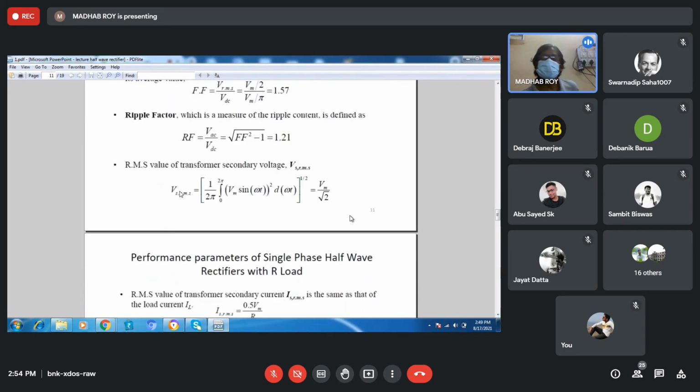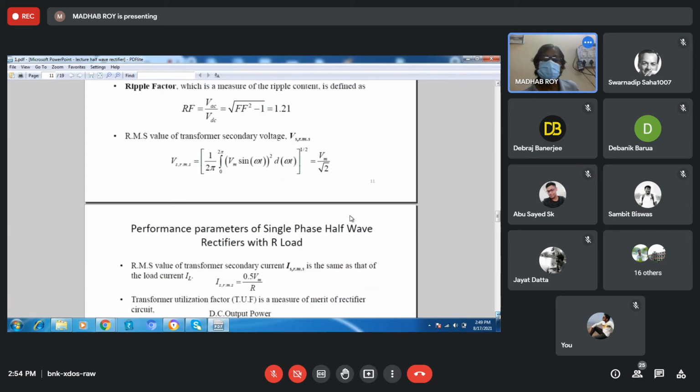The RMS value of the transformer secondary voltage: in the case of a transformer, whether the diode conducts or not, the secondary always gives the voltage output as per the transformation ratio. Whatever voltage we apply on the input side will be reflected on the output side. So the RMS value is Vm by root 2, as you already know.